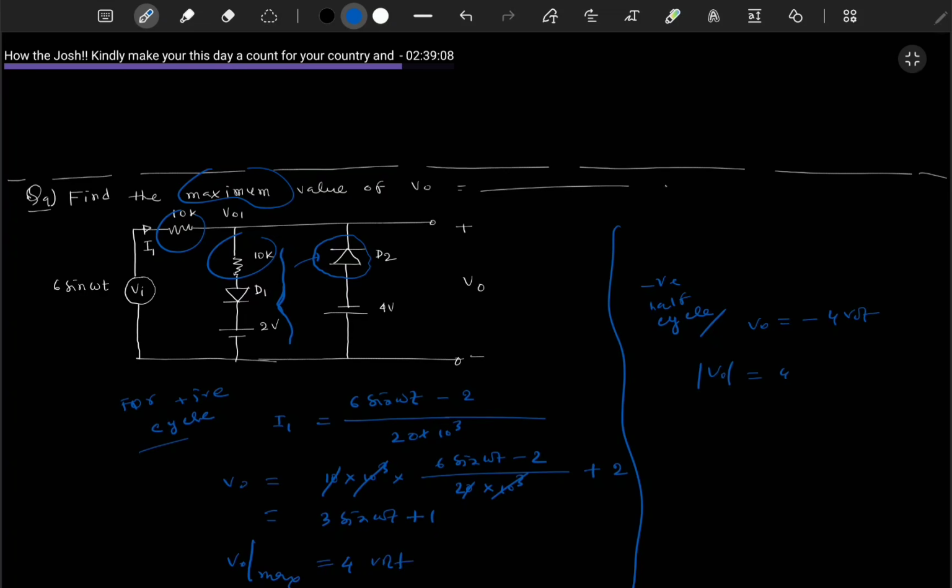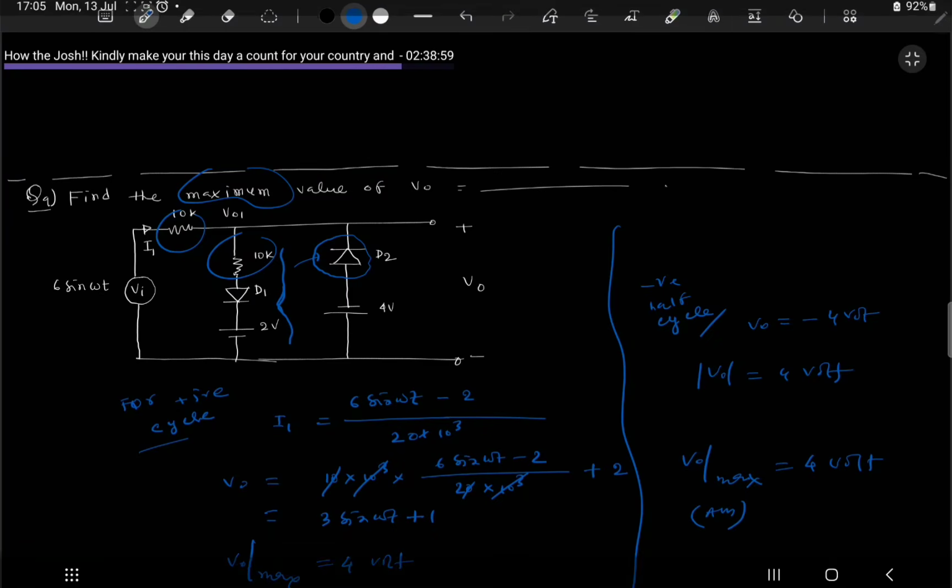So magnitude also it is 4 volt. So VO maximum is 4 volt only, is the answer.